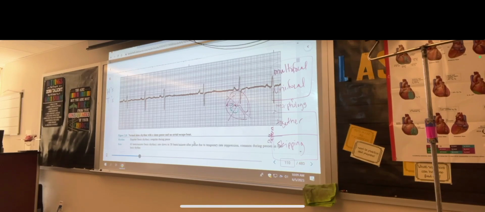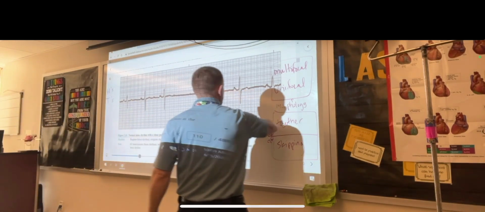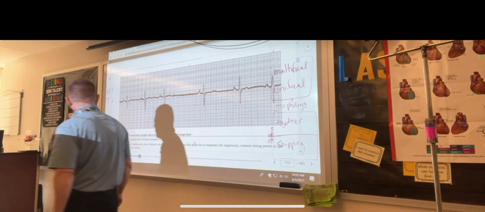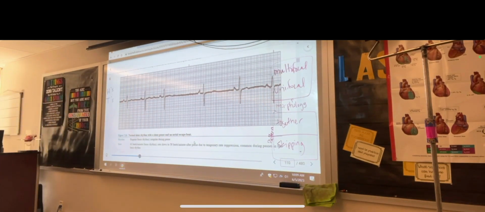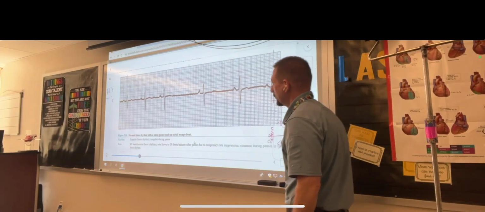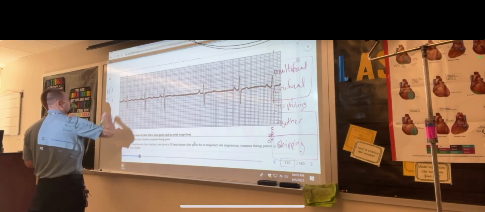All right, let's look at this one. I'll leave that there. All right, so with this rhythm, we have some different morphologies of our QRSs. Let's see, so we're from here.